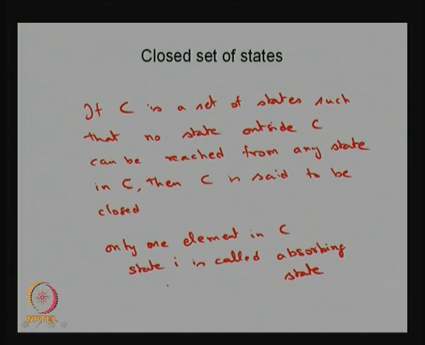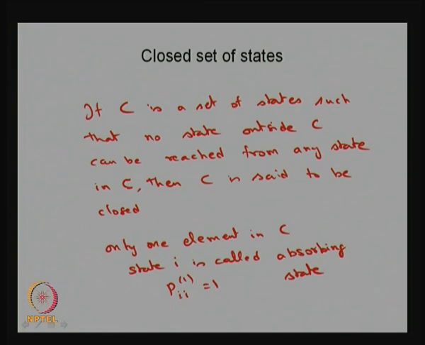So, we can define the absorbing state through the closed communicating class, or we can define it using the condition P_ii in one step equals 1. That means, in the one-step transition probability matrix, the diagonal element of the corresponding row is going to be 1.